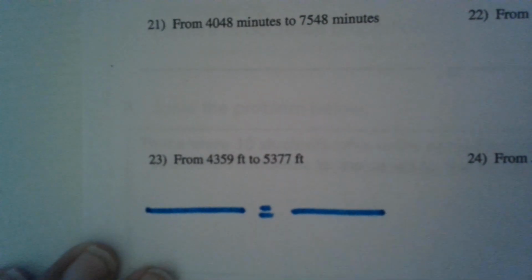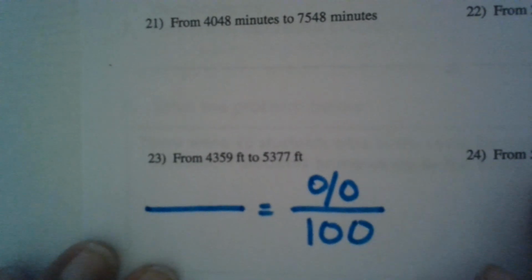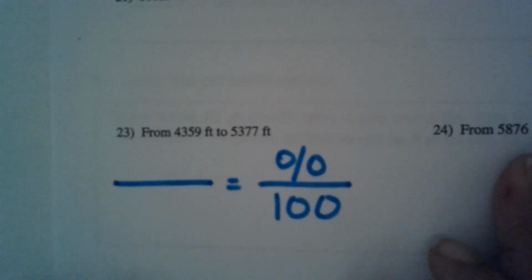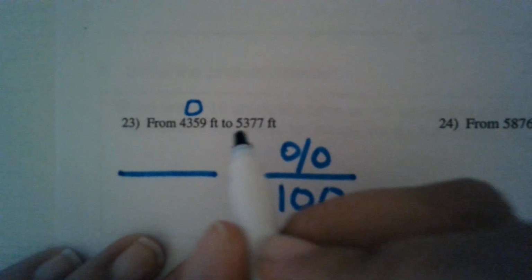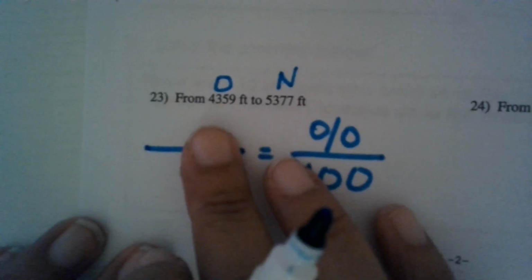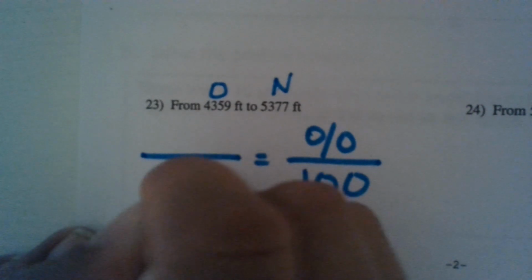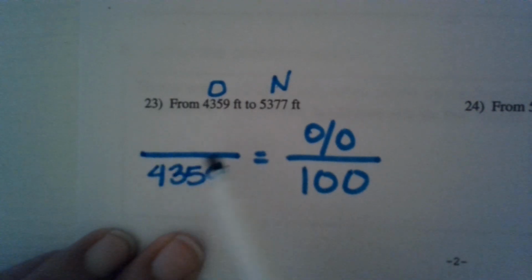And again, this one is always percent out of 100. I am starting with this number, my original number, but I moved it up to the new number. So my old number has to go in the denominator, 4,359.